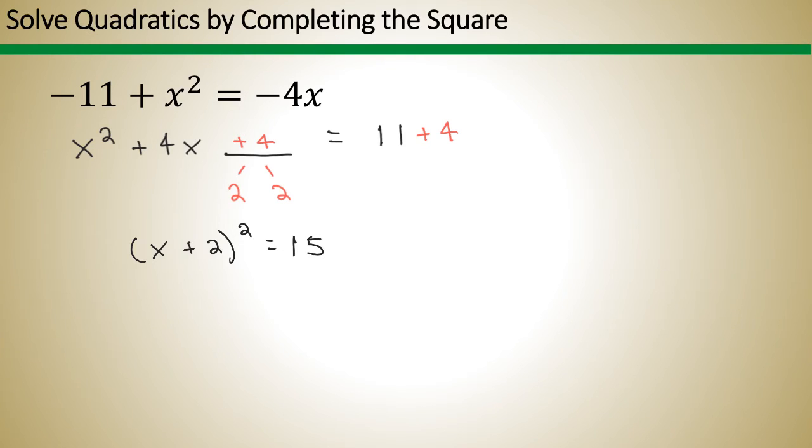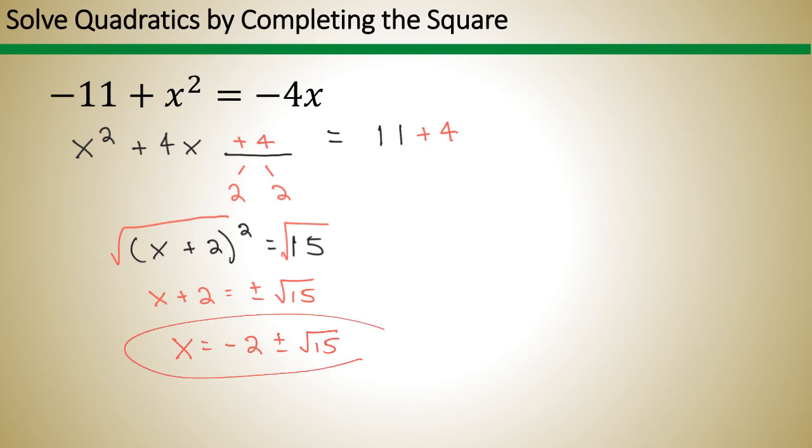Okay, now we're going to solve. So we're going to take the square root of both sides. So square root of this and square root of this, that'll be x plus 2 is equal to plus or minus root 15. And now, since that's a radical that's not going to go away, we can just go ahead and subtract 2 from both sides, and that's going to give us x is negative 2 plus or minus root 15.